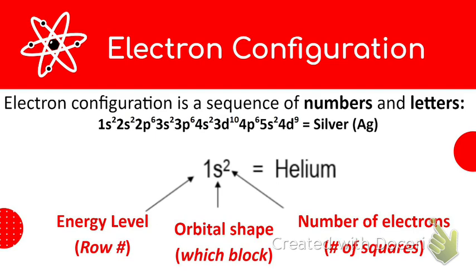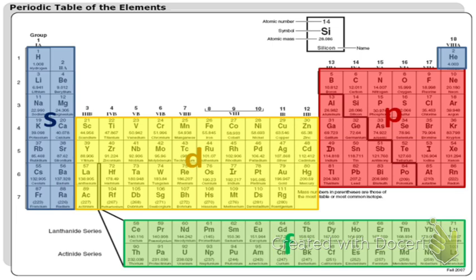So if we go back and take a look on our periodic table, we have our row numbers that are right here. So we have row 1, row 2, row 3, 4, 5, 6, and 7. So those are going to be our different rows that we have.